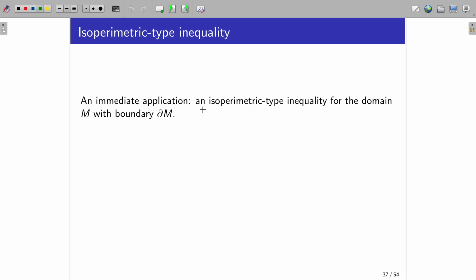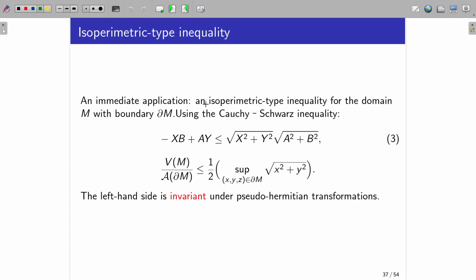It's an isoperimetric type inequality for the domain M with boundary partial M. By the Cauchy-Schwarz inequality here, we can have the ratio of volume and the surface area, which is bounded by 1/2 of this one, and we observe that the left hand side, because it is nothing but the ratio of volume and the surface area, is invariant under the pseudo-Hermitian transformation.